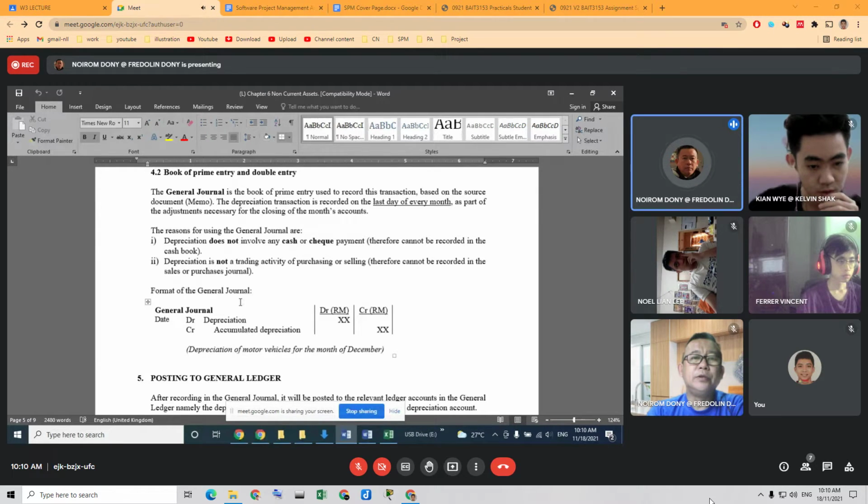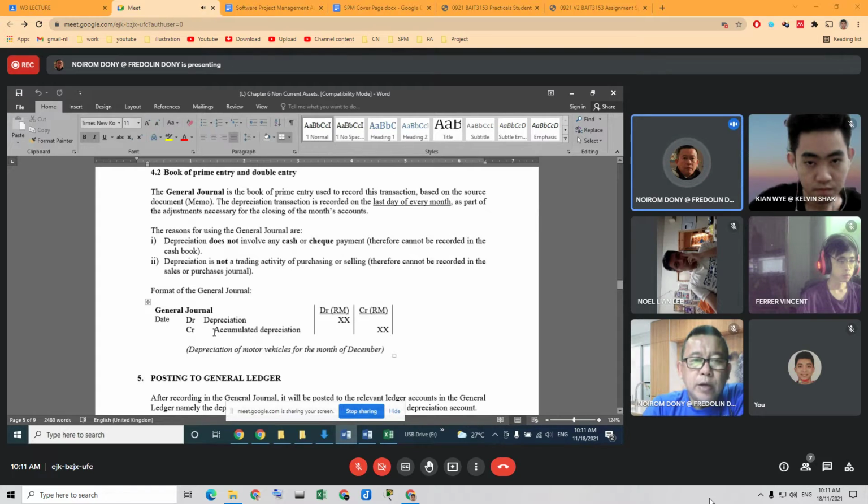Okay, so the format of the general journal is using the journal entry format. We have a date column here, and then we have a particular column, meaning the particulars stating the name of the account that is debited and the name of the account that is credited.